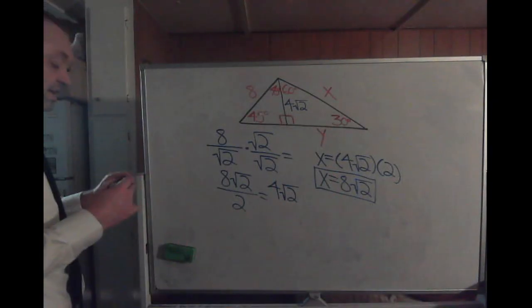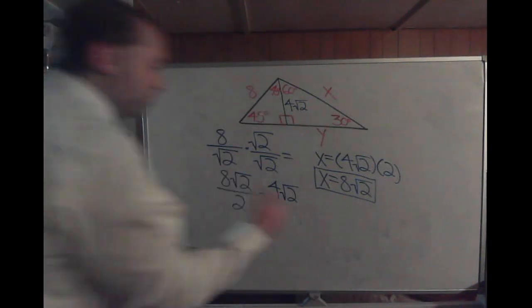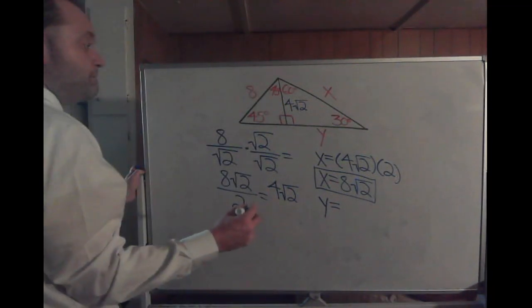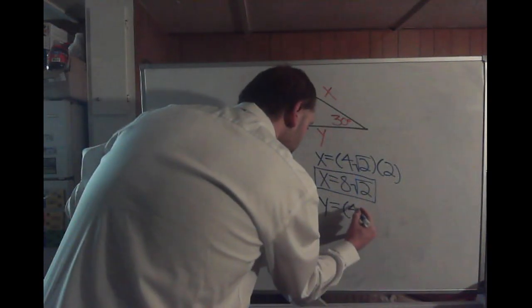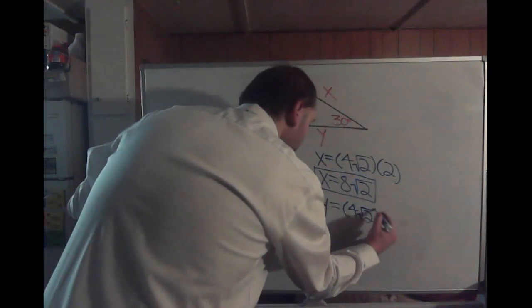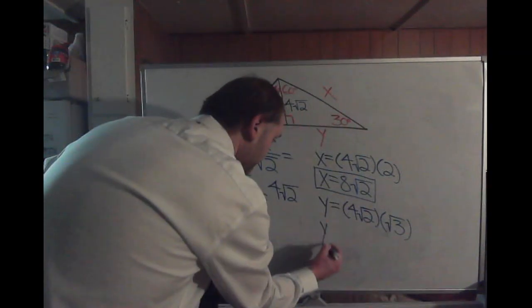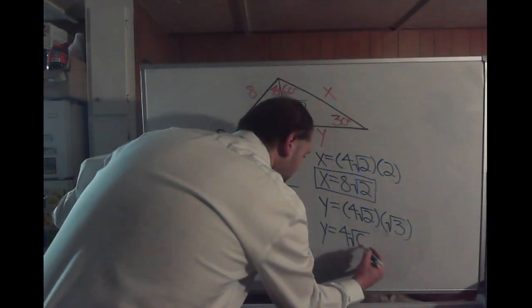And then to find the length of y, which is the length of your longer leg, you're going to take the length of the shorter leg, which is 4 times the square root of 2. You're going to multiply that by the square root of 3, which means the length of your longer leg, y, is equal to 4 times the square root of 6.